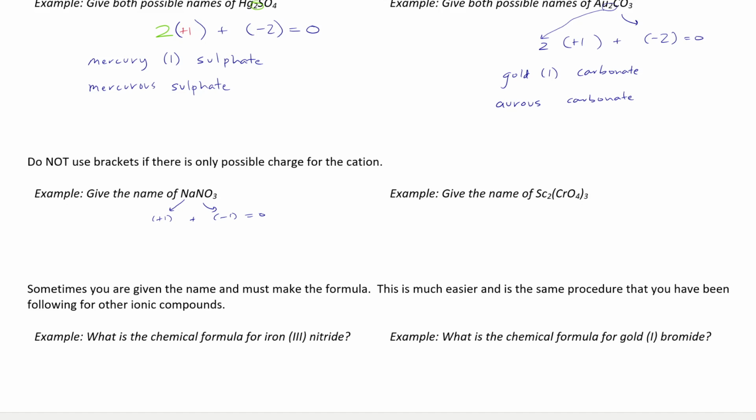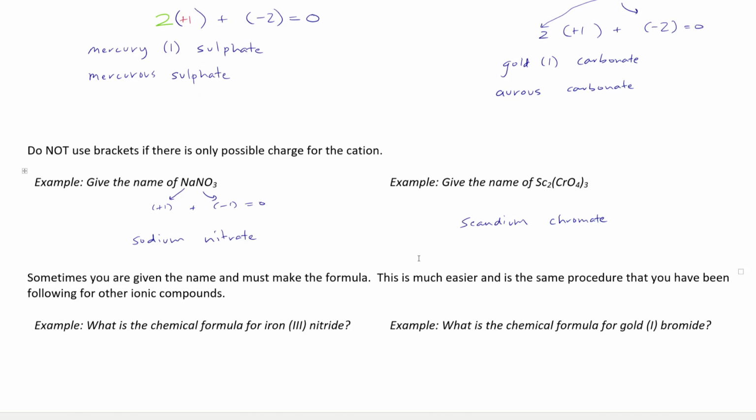Okay, sodium only having 1 possible charge, I just write sodium nitrate. Okay, same thing over here. This is scandium chromate. Scandium chromate. Only 1 possible charge, so as a result, no brackets.